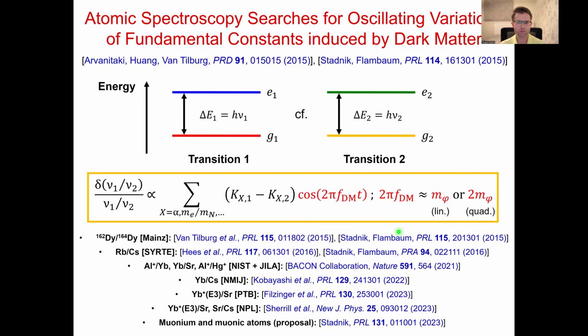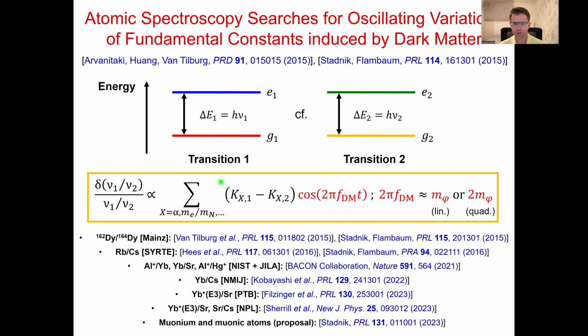In this case, a very powerful class of techniques involves atomic spectroscopy approaches, where the basic idea is that if we have a pair of transitions between two different pairs of atomic energy levels, and we measure the ratio of these two transition frequencies with respect to one another over time, then if there are oscillations in the values of fundamental constants induced by an oscillating dark matter field at some characteristic frequency, we would expect to see oscillations about the mean value of the transition frequency ratio.